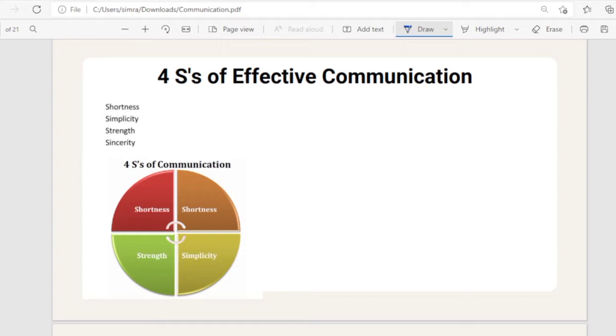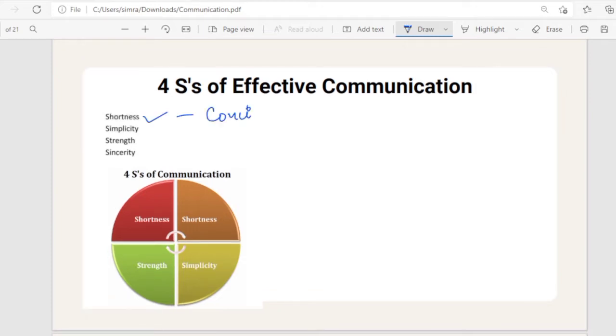So the first S is shortness. Now what do you mean by shortness? Shortness is similar to the C of conciseness. In conciseness, what we had seen is that we can explain or give information in just 2 words.